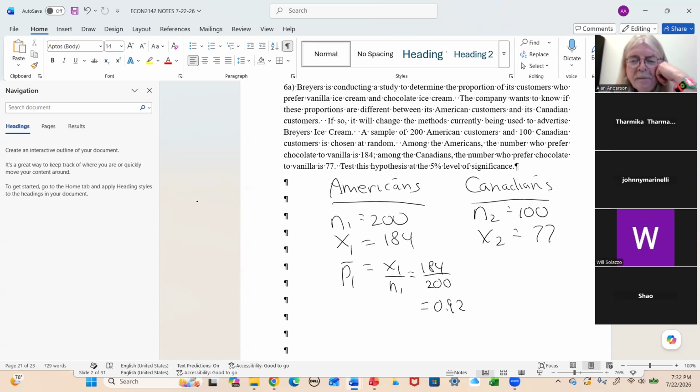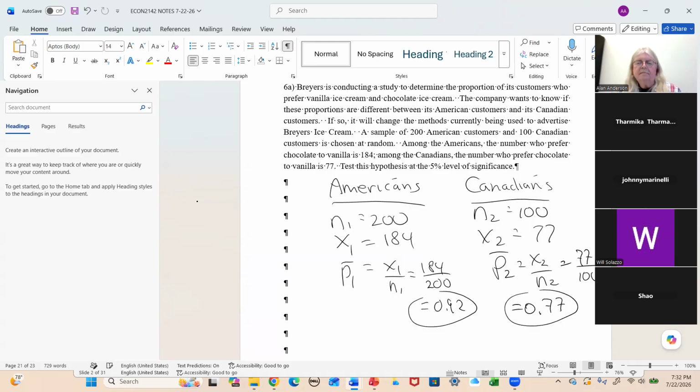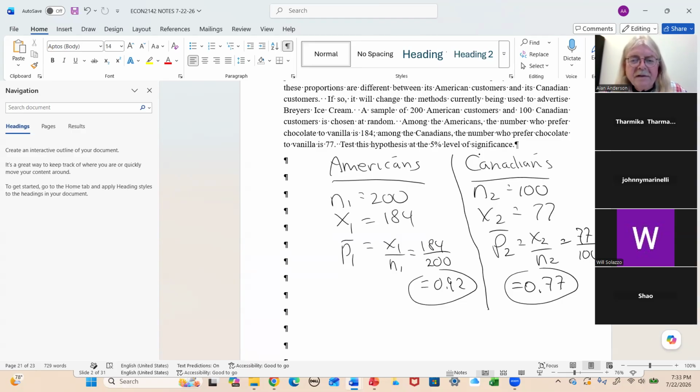So it's 92 in America. And it's slightly less than that. Well, it's somewhat less. 77% in Canada. All right. So, and we have the 5% level of significance.